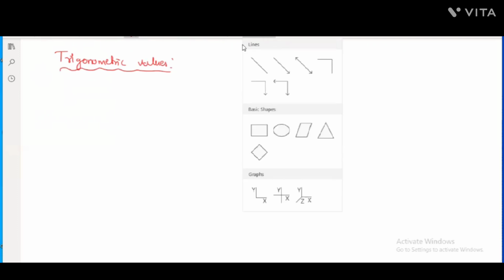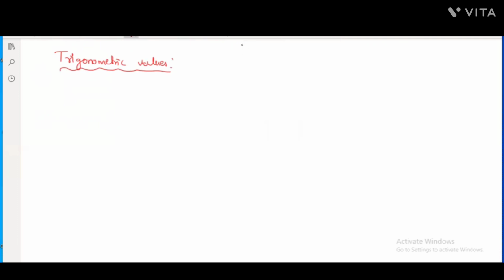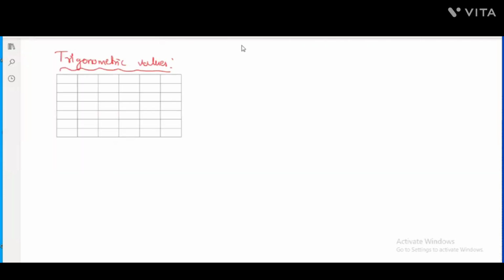Next, trigonometric values. How can we take the trigonometric values? Let's try to take a tabular form. How many do we need? We need a 6 by 7 tabular form.